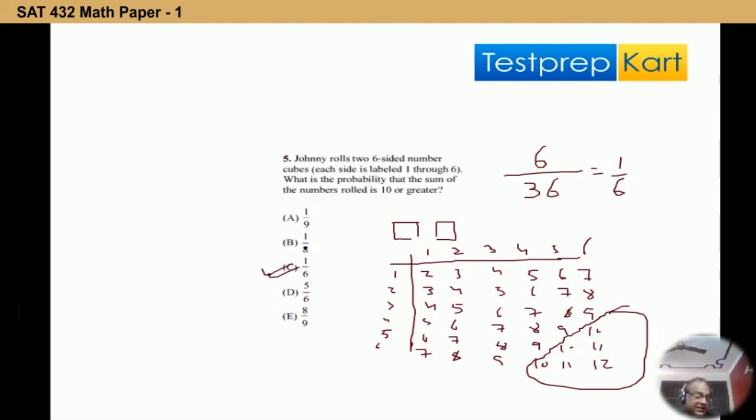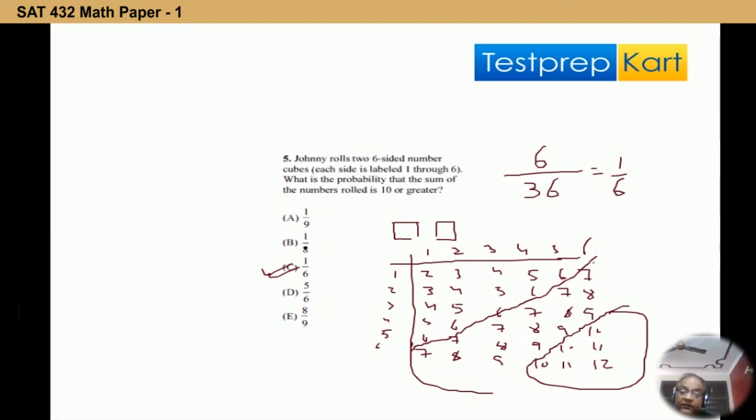Option C is correct. Now here, to make this grid and write all the numbers like 1, 2, 3, 4, 5, 6 on both sides and then add them, that can give you the answer to any question, like whether it's greater than 10 or greater than 7 or greater than 8. So if the question is greater than 7, you take this entire portion.